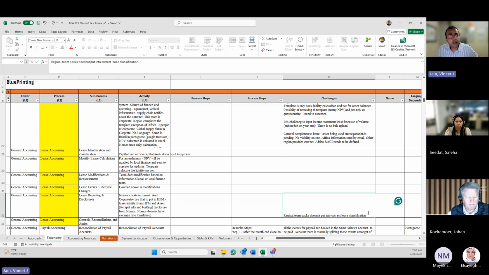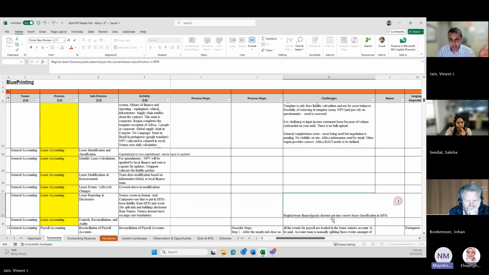Okay. So regional are providing the templates, but they are inputting in HFM directly because they have access to HFM. They load a pack, a finance pack. It's part of their finance packs where they load the income statement, balance sheets, etc., onto HFM for consolidation. And so they have access to HFM, but in NOMOS, you will have to do the correct classification, the same thing which you have done.